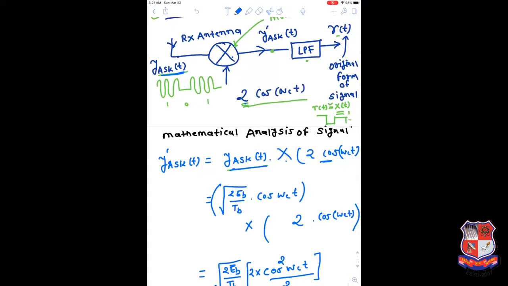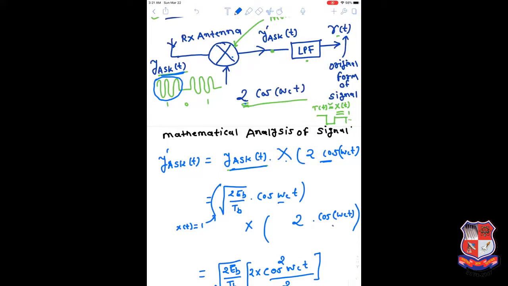So now I represent y ASK of t in its original form. Let's assume this is for bit 1, so x of t is 1, because if x of t is 0, everything would be 0. So if x of t is 1, this portion is simply square root of 2 Eb by Tb cos omega ct.